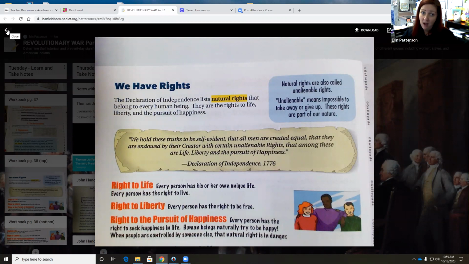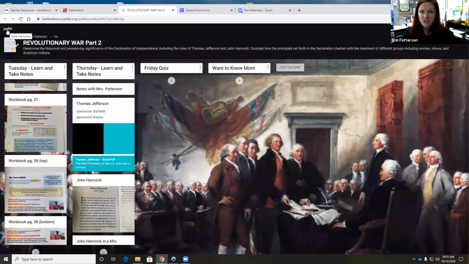Okay, that's at the top of 38. Sounds good. Declare our independence. Everyone's equal. Let's have some freedoms and happiness. Womp womp. One of the big takeaways that you need to get from today and this week is that these were big ideas, but it takes time for those big ideas to go into place.